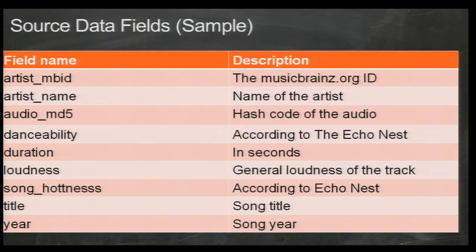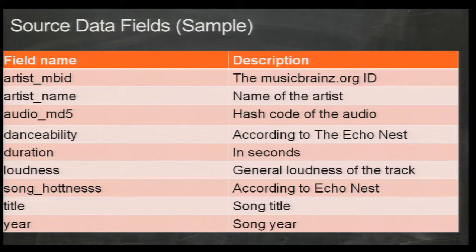So when we're thinking about that, the first thing we know already is we're going to be searching for songs. And so it's going to be important to have a collection of songs. The Million Song data set includes a set of songs with information like the title, the year, the artist name, and it has a number of measures, things like danceability, hotness, artist familiarity.